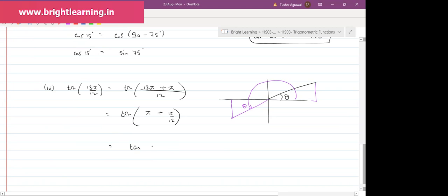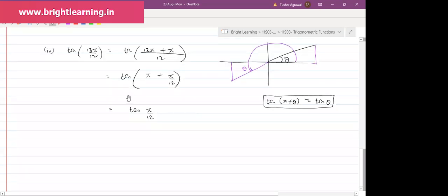So tan of pi plus theta is same as tan theta, tan of pi by 12. Added angles, what property I have used? Tan of pi plus theta is equals to tan theta. Added angle property I have used. Sine signature changes, cos signature changes, so ultimately the division signature will remain same. Tan pi by 12. And now tan pi by 12 is nothing but tan 15.